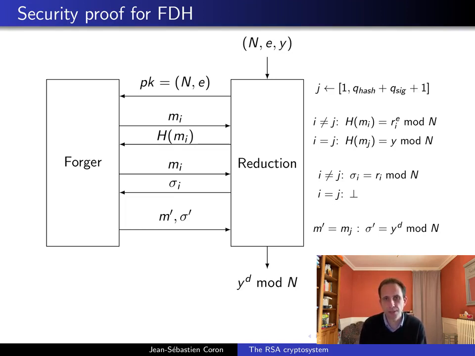If we have guessed correctly, then the hash of the message mj is equal to y, and so the signature sigma prime is equal to y to the d modulo n. So here we have obtained what we want: we have obtained y to the d thanks to the forgery of the forger. And so this means that we solve the RSA challenge. Eventually, we can output y to the d modulo n.